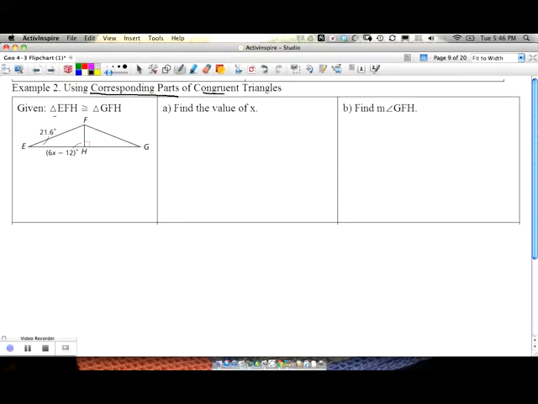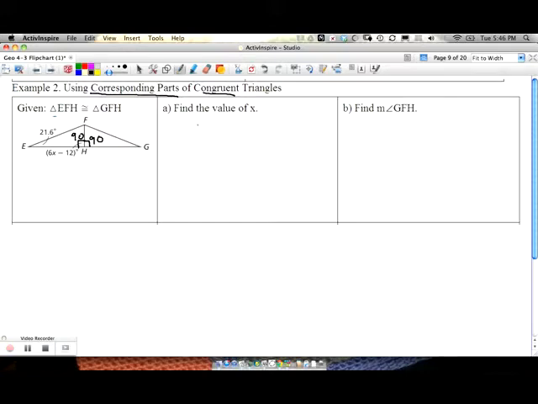Okay, using corresponding parts of congruent triangles. What we're looking at now is, what do we know about corresponding pieces? Let's look at this one here. These two triangles are congruent. That means that this angle and this angle are the same. Well, I know that this right one is 90, so that means this other one's also 90.